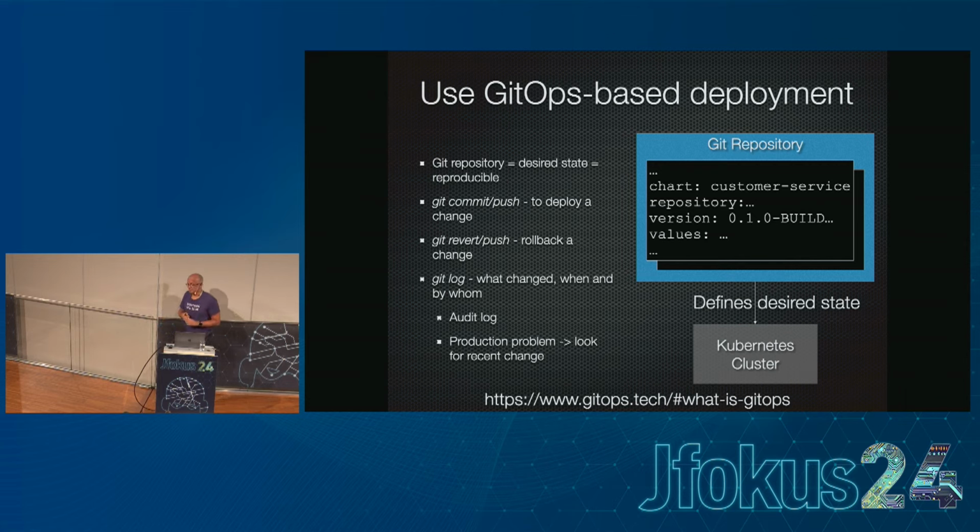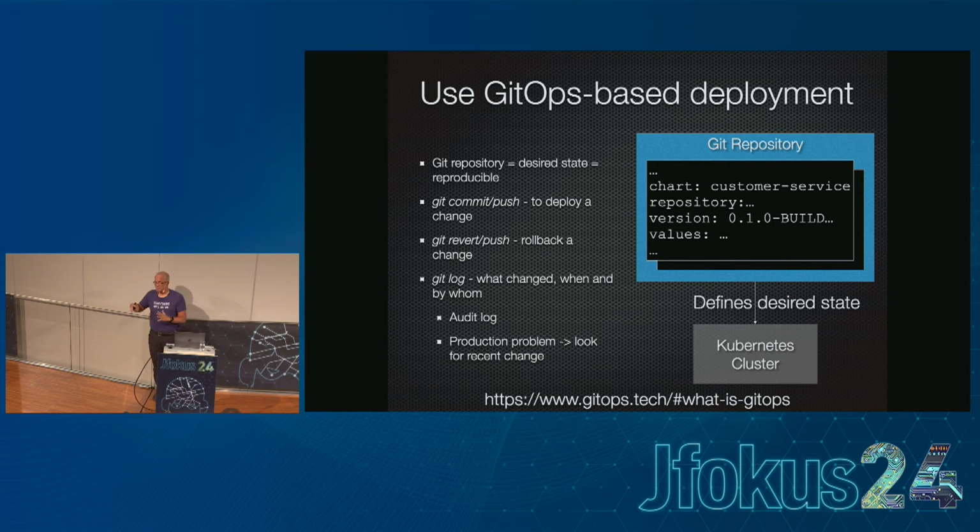And that's quite good, right? The Git repository is the state of your cluster, which means it's reproducible. Git is your UI, so if you want to roll out a new version, that's git commit push. If you want to revert back to a previous version, that's git revert push.